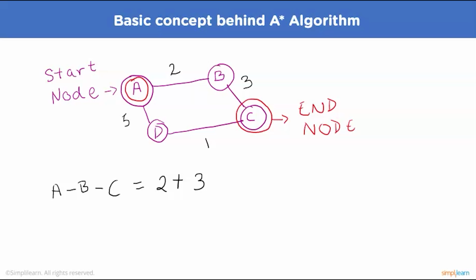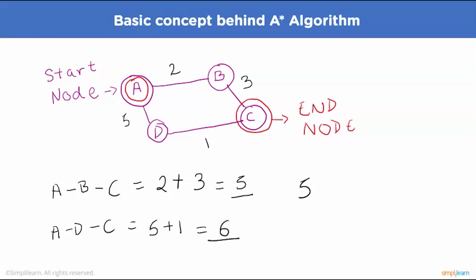Now the total cost of taking these paths can easily be obtained by finding the summation of the individual costs of these paths. So this will give us 5. All we have to do is add up the weights that each path has when we're traveling it, and we get to know what is going to be the cost of a path taken. So a path A, B to C has a cost of 5. Similarly, our path A to D and D to C has a cost of 5 plus 1, because A to D is 5 and D to C is 1, which is 6.